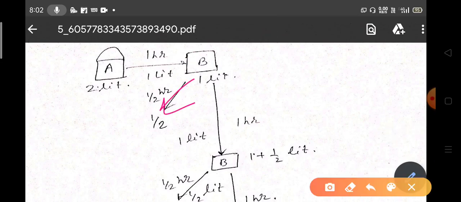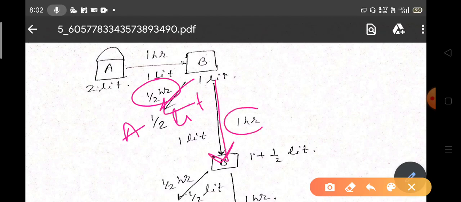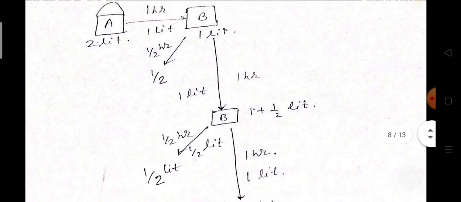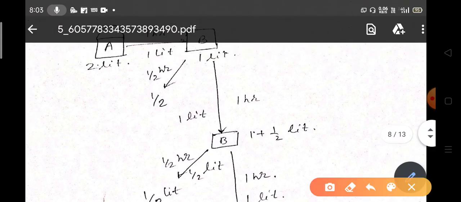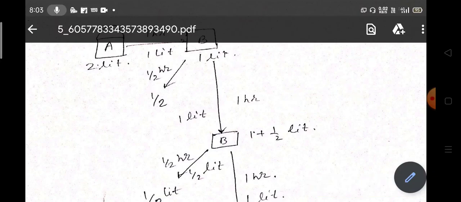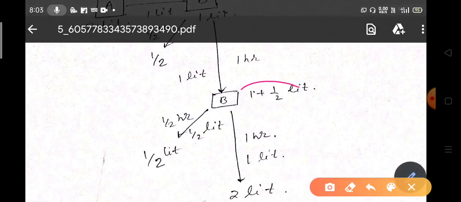Now after half an hour, B will give half liter to A, because it is returning back half liter to A. Now after 1 hour, B will take 1 liter. So B has already given half liter out of its 1 liter, so half liter will be remaining, plus 1 liter A is giving within 1 hour. So in B there is 1 plus half liter of water.